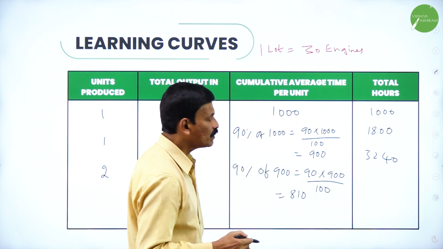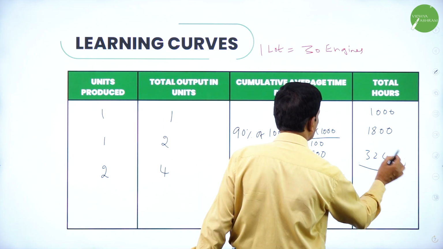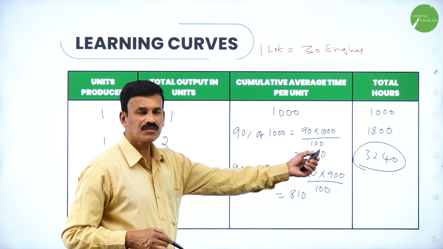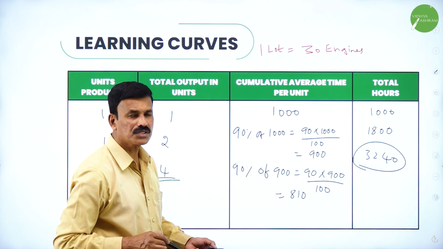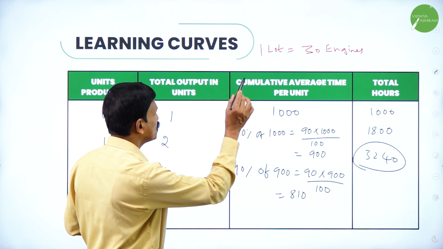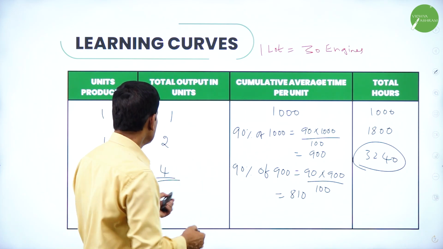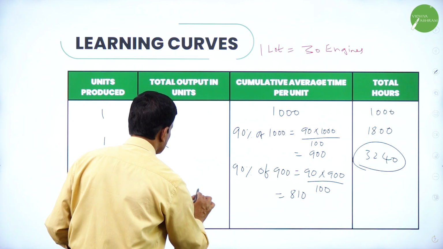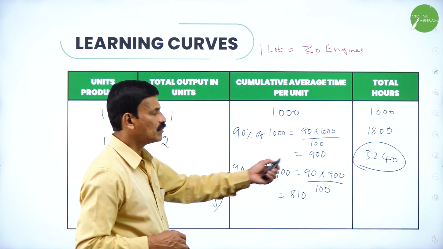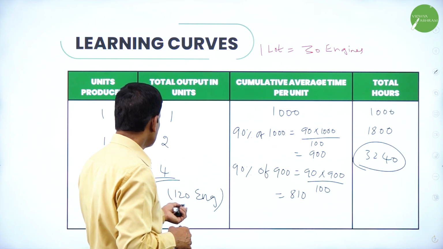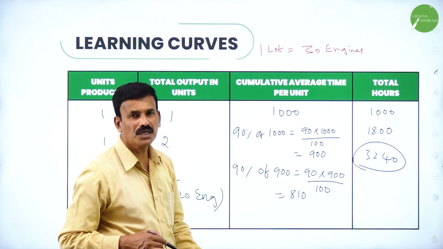Therefore, the total number of hours required to produce 4 lots, since each lot is equal to 30 engines, that means 120 engines, is 3240.